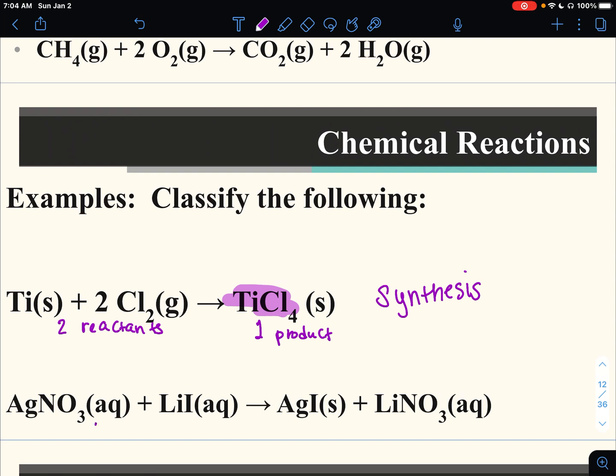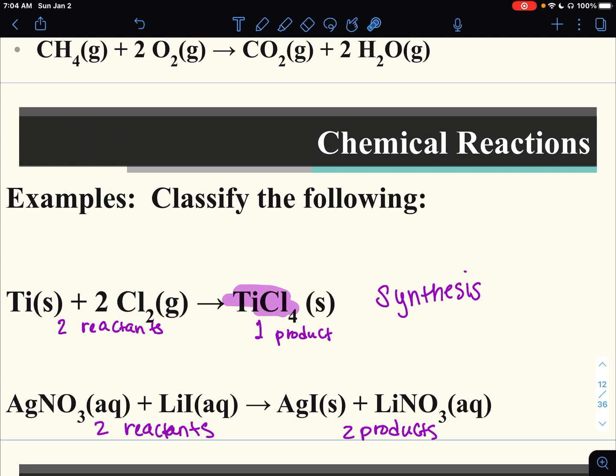Now the second one, you have 2 reactants and 2 products. That's what I mean by 2 and 2: 2 reactants, 2 products. When you have 2 and 2, you need to do a little bit more work. So do we have O2 by itself as a reactant? We do not. We have oxygen, but it's O3 and it's connected to Ag and NO, so it's not by itself.